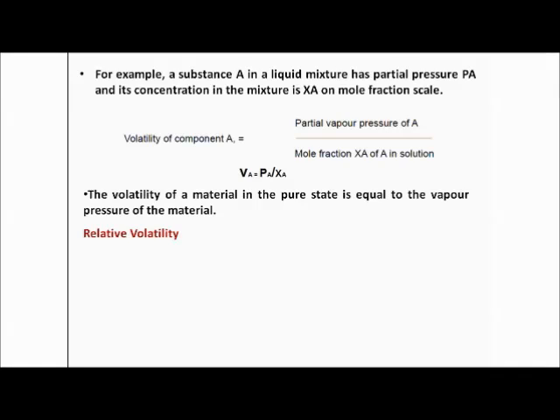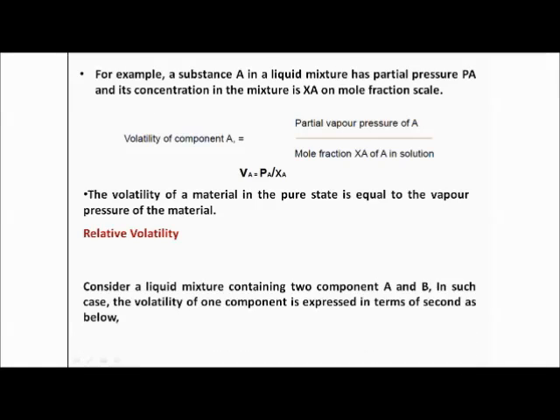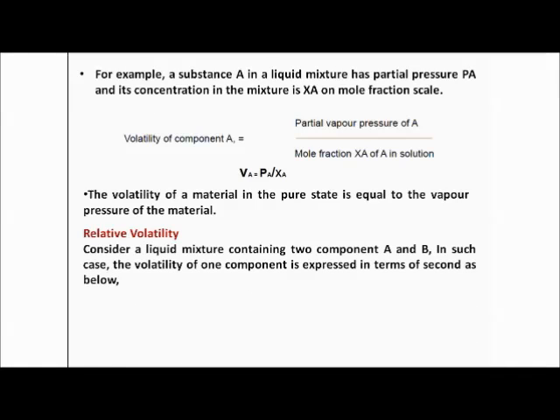If only A is present, and suppose one more component B was present, then what will happen? If we compare the volatility of A in comparison with B, this is the relative volatility. So consider a liquid mixture containing two components, A and B. In such a case, the volatility of one component is expressed in terms of the second component.